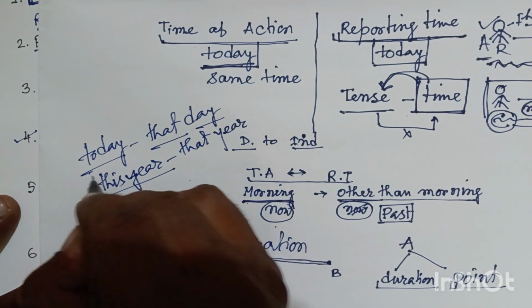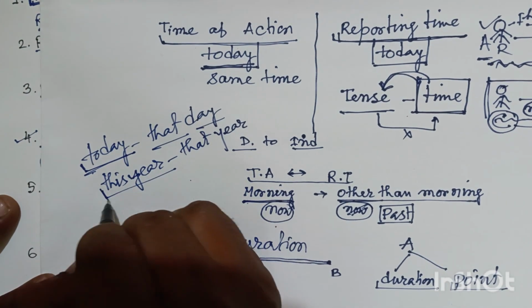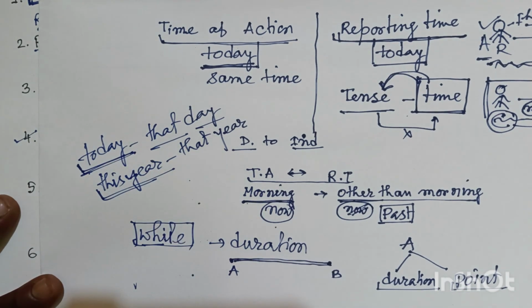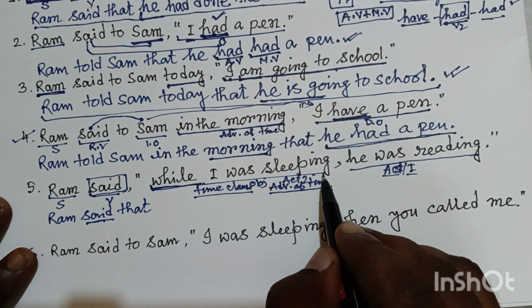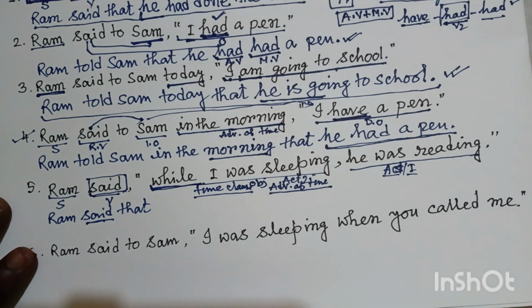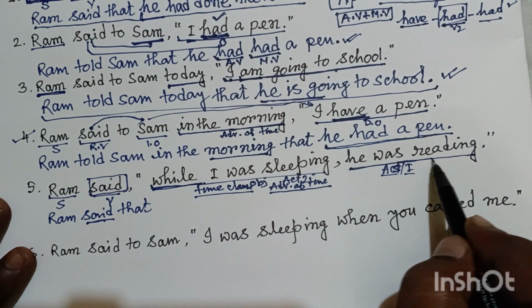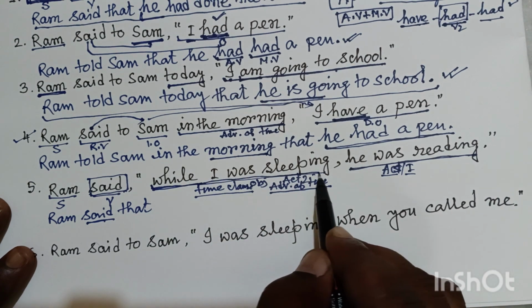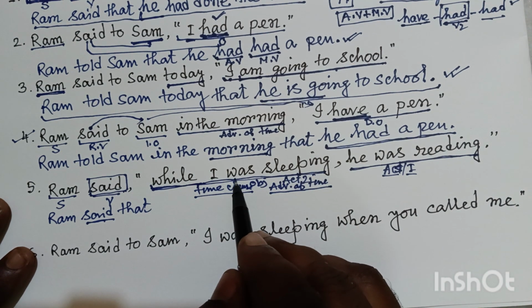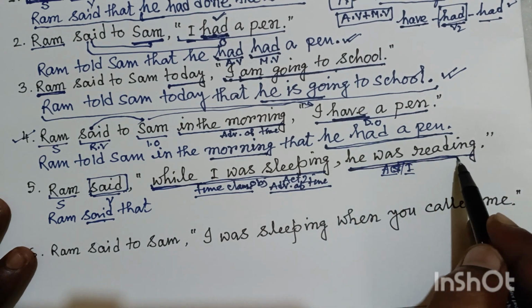So this is a time phrase. This is an adverb of time, just a word showing the time of that particular action. Now think about it. I have told you the tense depends upon the time. That means if the time is changed, we have to change the tense form.